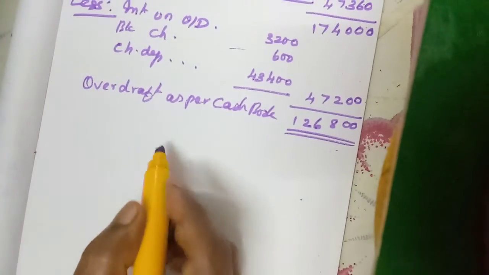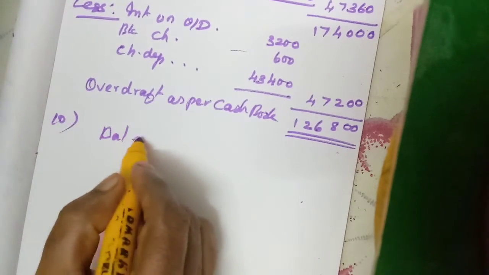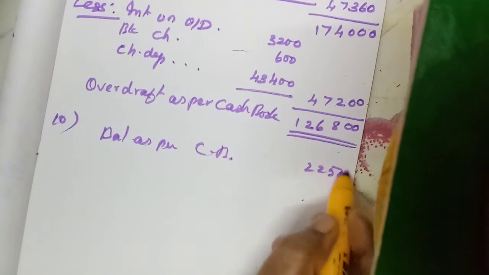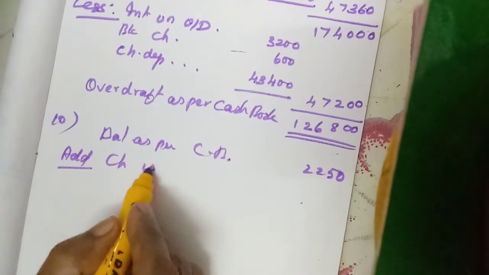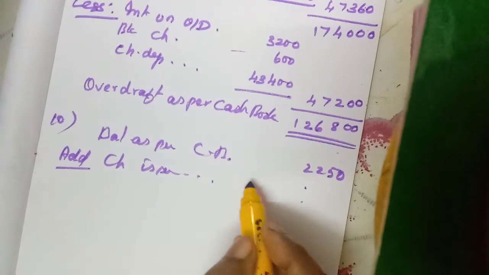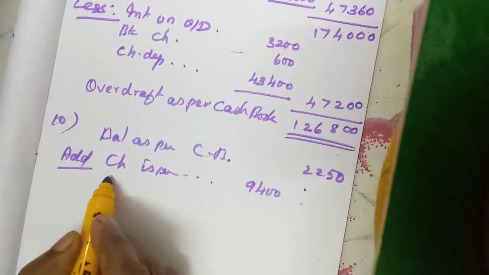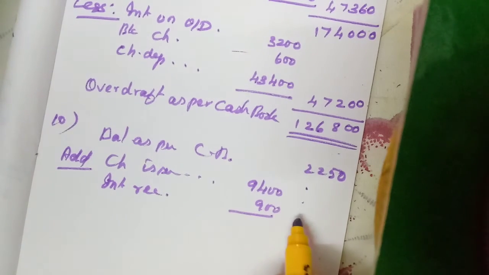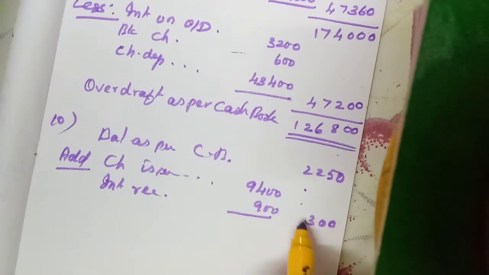So we will write balance as per the 10th problem, as per cash book. I will do it a little faster, time is up. Balance as per cash book, add cheques issued but not presented for payment, 9400. Then interest received by bank 900. Only two items to add.